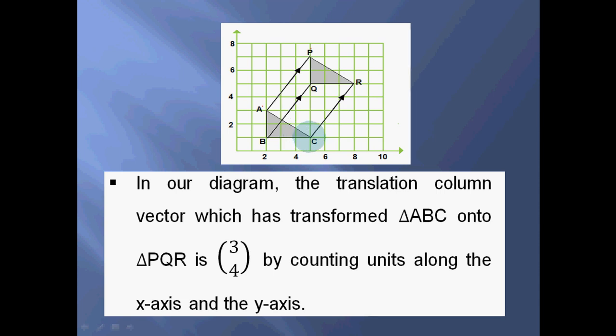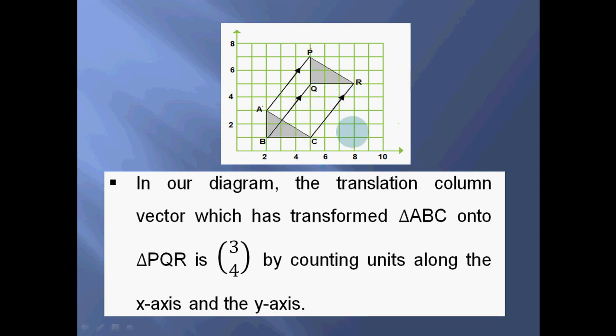Then we start counting upwards up to point Q to see that point B is also moving 4 units upwards onto point Q. So we are moving 1, 2, 3, 4 units.